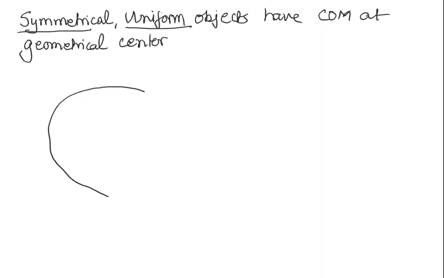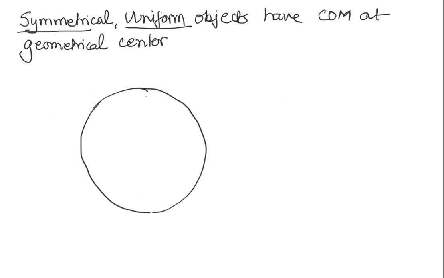So if I have a circle, then the circle is symmetric because of the fact that if I were to draw an axis like this, right, then whatever coordinates exist in the first quadrant also exist in the second quadrant, also exist in the third quadrant, also exist in the fourth quadrant.